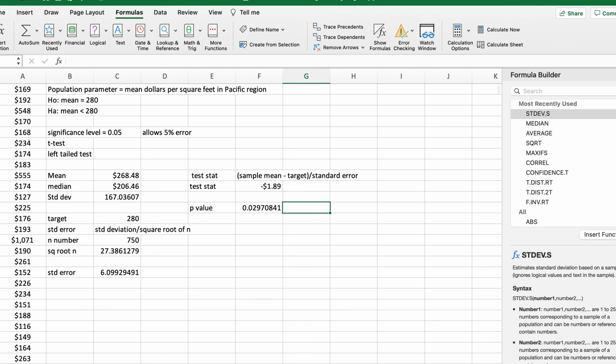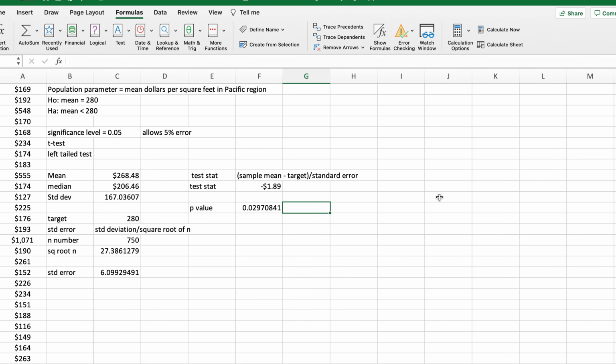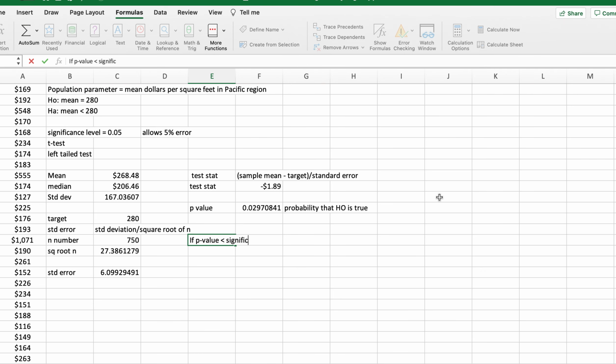What does that mean? Essentially, it means the probability that H0 is true. Okay, so I'm going to write a rule here. If the p-value is less than significance, reject H0.